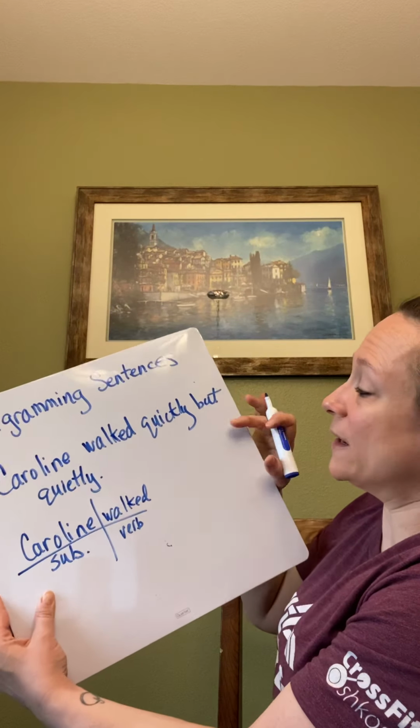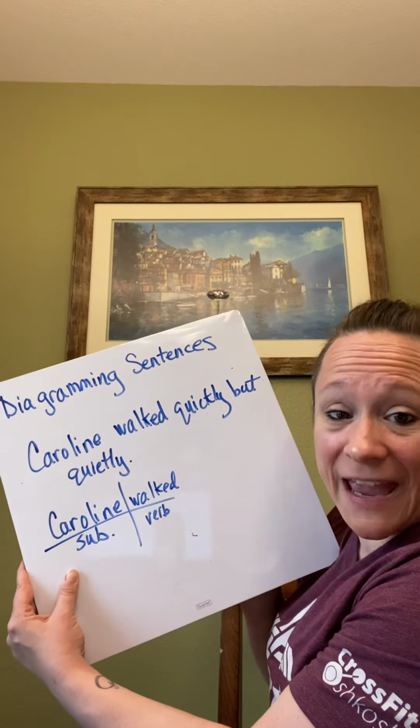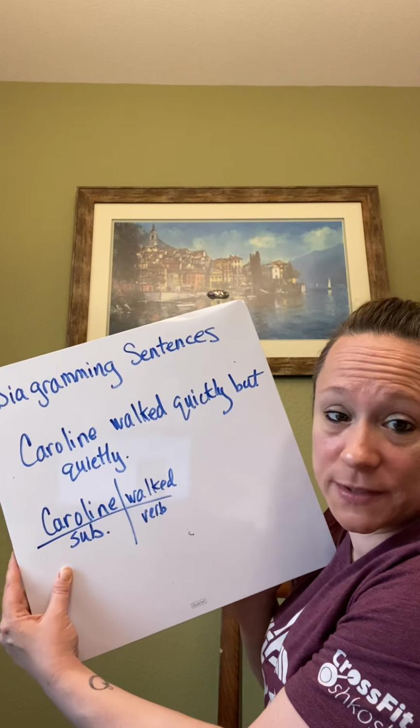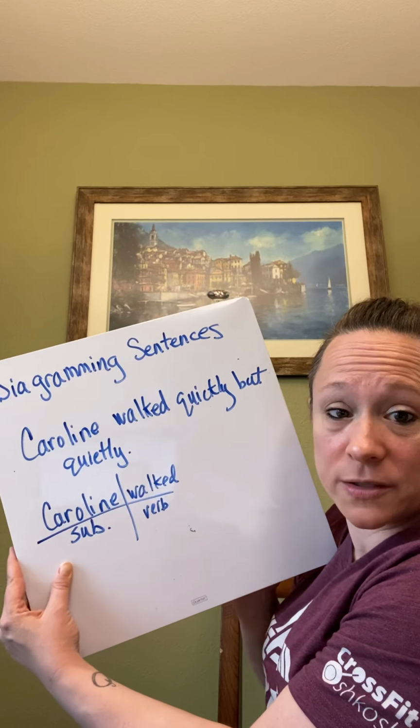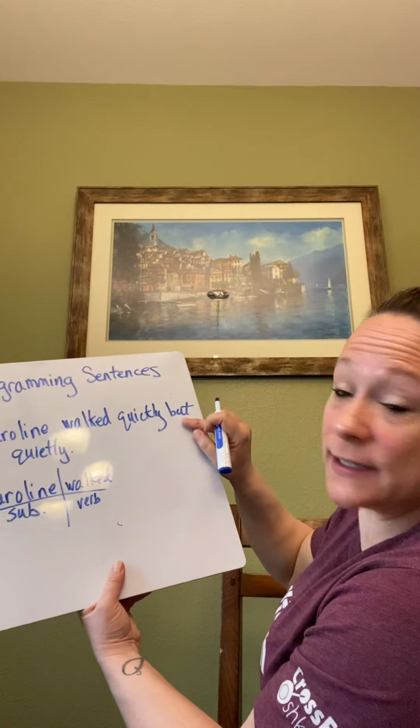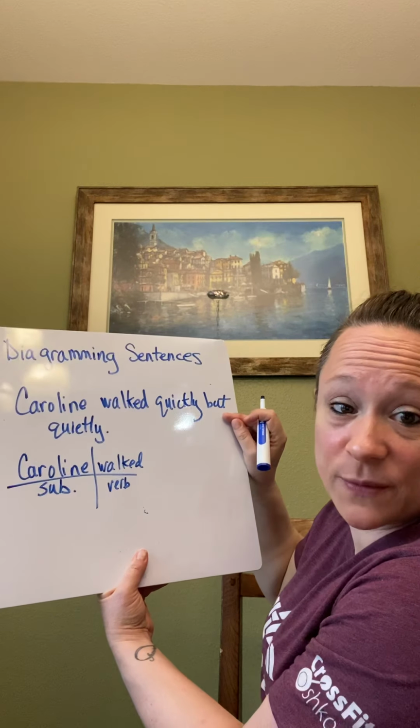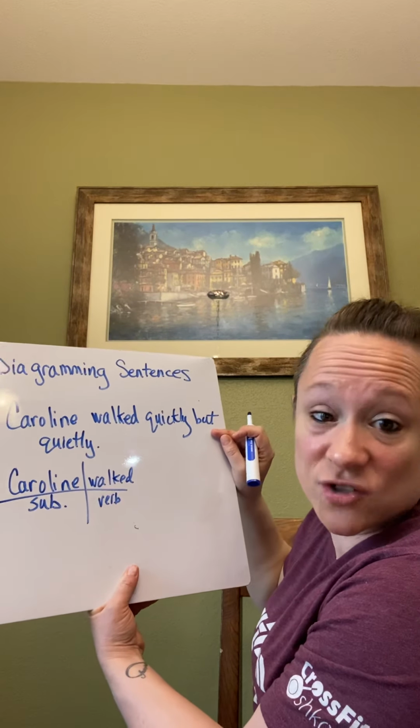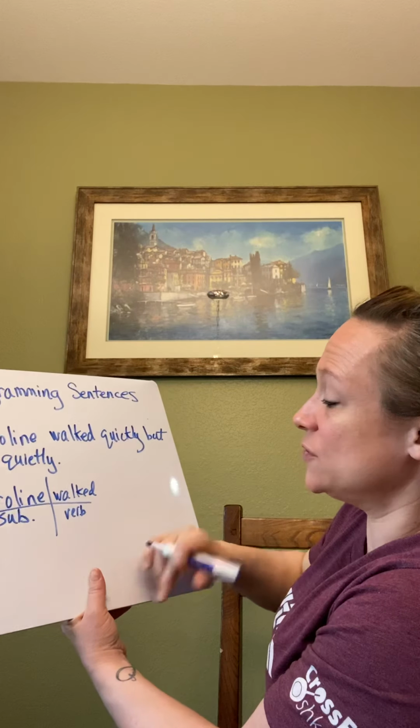Now, quickly but quietly. Quickly and quietly are both adverbs describing how she walked. So they're connected by one of those words that we used from the other examples, a conjunction, right? So we're going to do that here now.